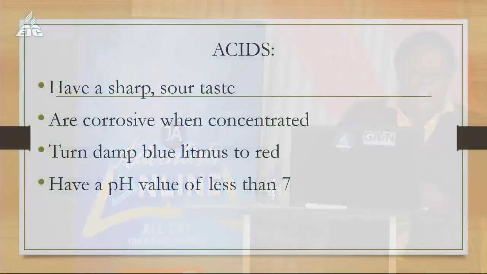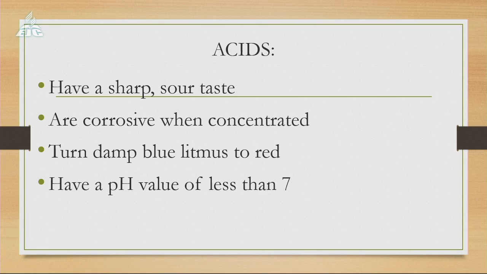That's another feature, and in a little bit I'll be showing you some of these reactions. Incidentally, we could also use this characteristic to define an acid. An acid is any substance that turns damp blue litmus red.